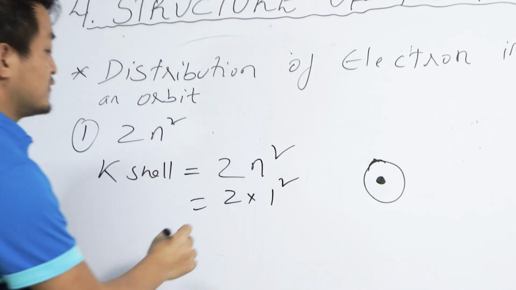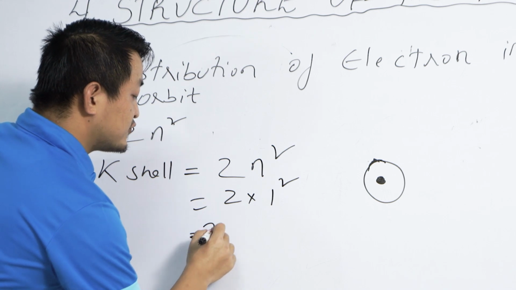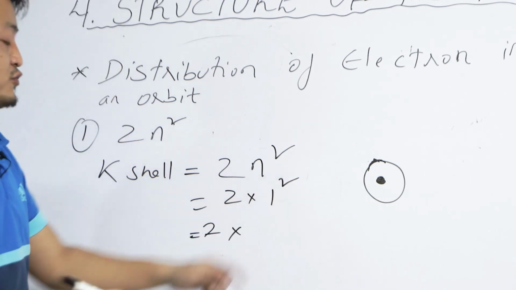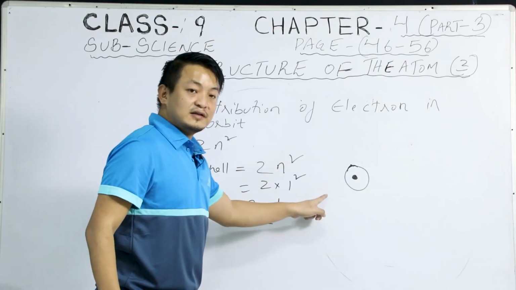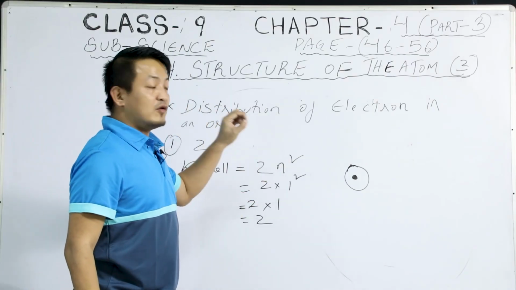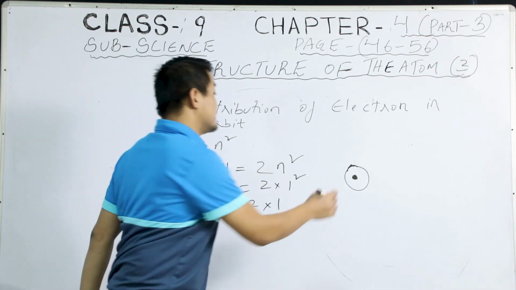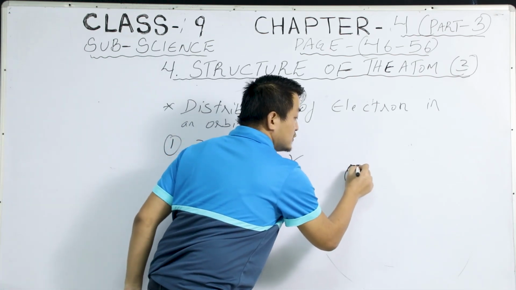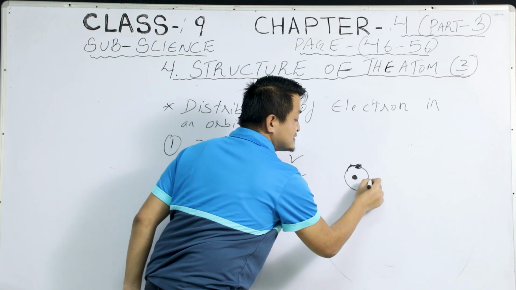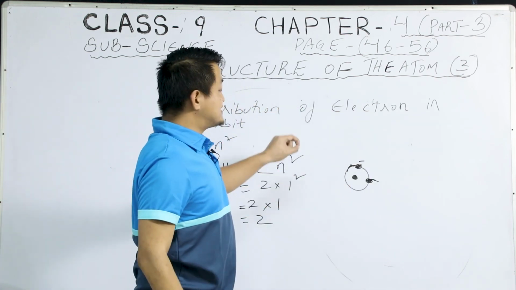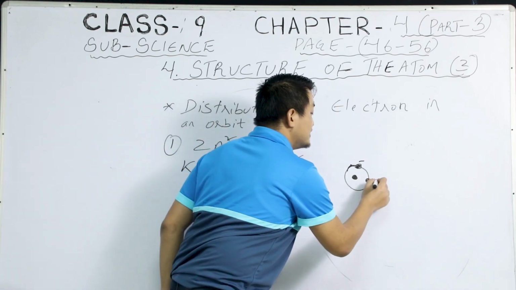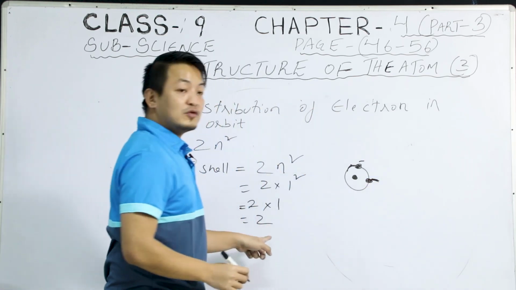So we have 2 into 1 square, which is 1, so we have 2. So in the first shell, the maximum number of electrons that can be accommodated is 2.